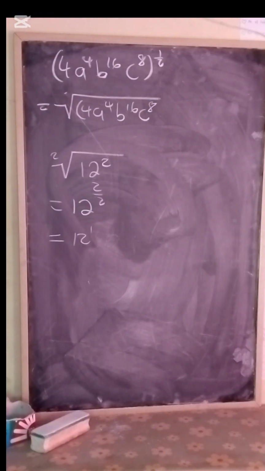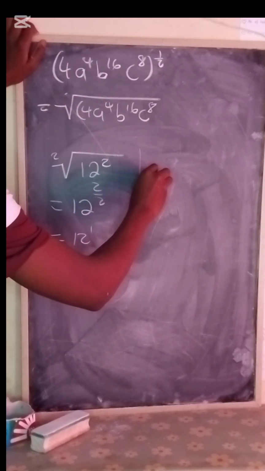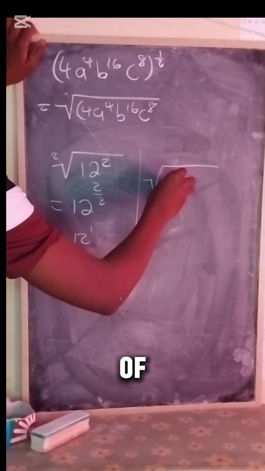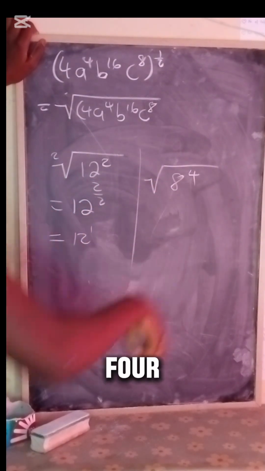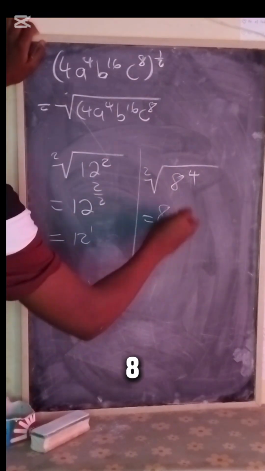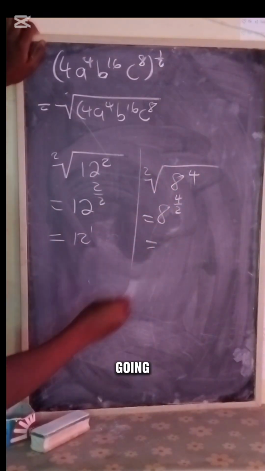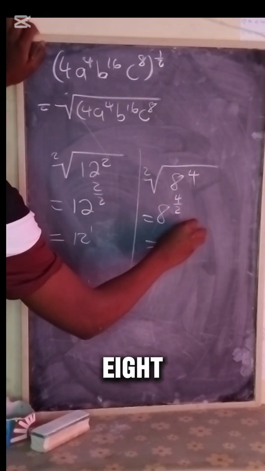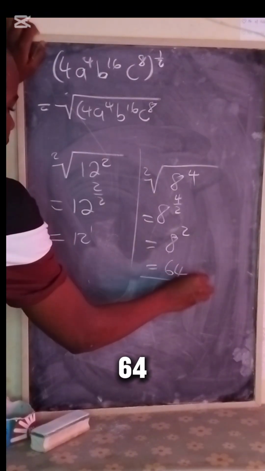For example, another example, let's take that you have the square root of 8 to the power of 4. Because here it is 2, it's going to be 8 to the power of 4 over this 2. Then it's going to be what? It's going to be 8 squared. 8 squared is what? It's 64.